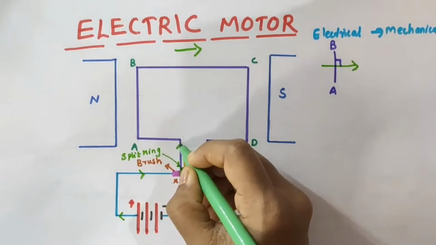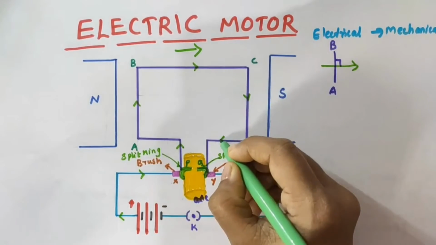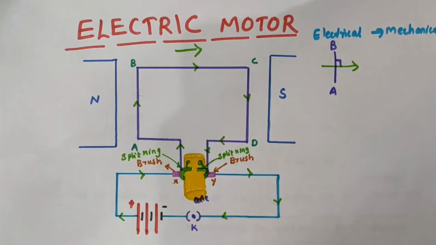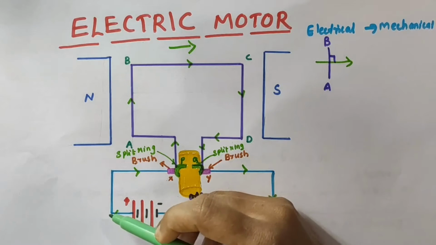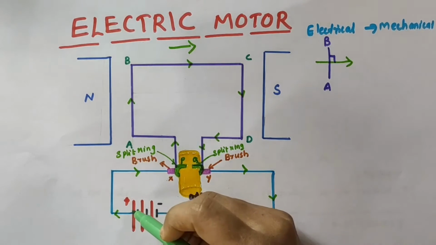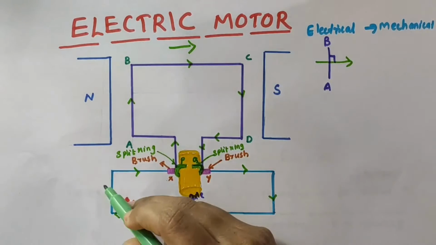Yes, it is going in this direction. You can see the arrow going this direction, and it will come out of the circuit. The current flows from the positive terminal of the battery to the negative terminal of the battery.